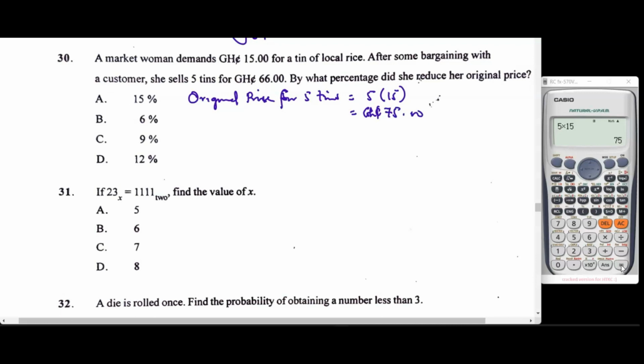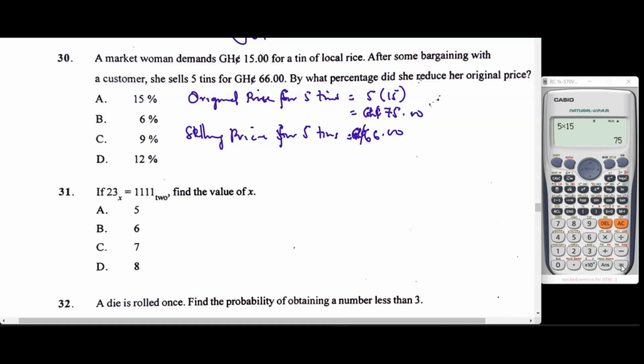But this customer ended up paying, so now that's the original cost price. So now the selling price for the 5 tins is no more 75, but it's actually 66.00 Ghana cedis. That's the selling price for the 5 tins.